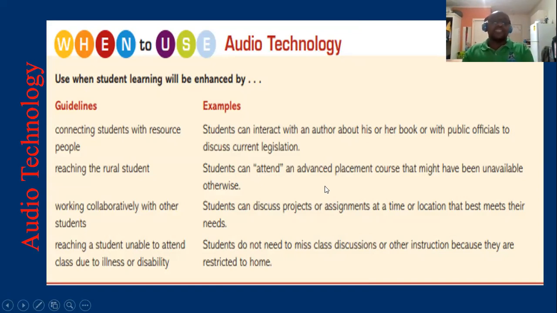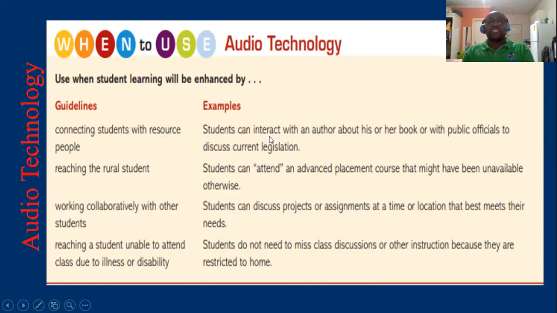Here is just a representation of when you can use audio technology, and it is said here when students' learning will be enhanced. In terms of the guidelines, connecting students with a resource person. You can use that.